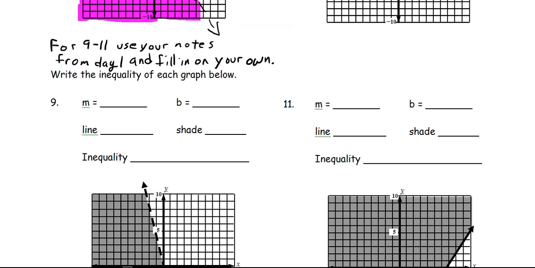A little practice. If you are having some difficulty, go back and watch that video. And I think you might want to expect that maybe something from 9 through 11 could end up on a quiz.